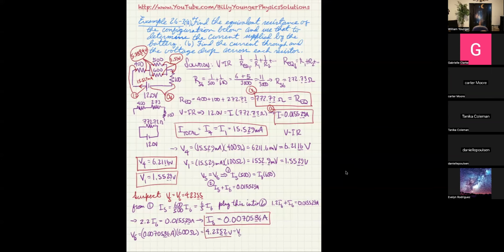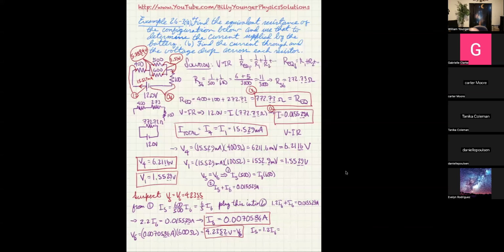And again, we know that V6 has to be equal to V5, but we should calculate it anyways, and we should calculate I5. I meant V6 is supposed to be equal to V5. Sorry about that. Oops, that's supposed to be a 6. And it's supposed to be purple. Okay, there it is. All right, so now what we realize is that I5 is equal to 1.2 times I6.